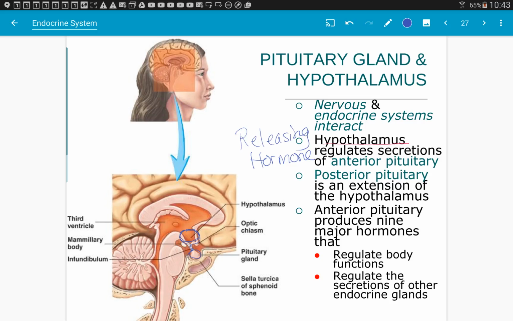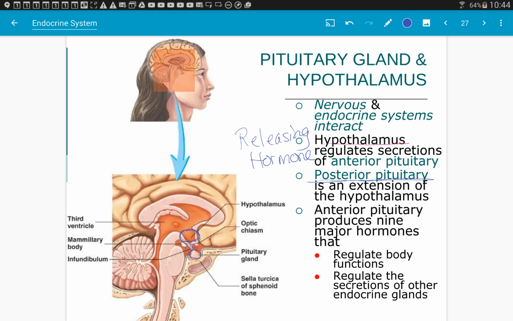But that's one way the hypothalamus controls the release of hormones from the pituitary. And that example I gave you was specific for the anterior pituitary. The posterior pituitary is different because it is essentially connected to the hypothalamus. It's under the control of the hypothalamus directly in the nervous system. So posterior pituitary is different. You don't need releasing hormones for that.